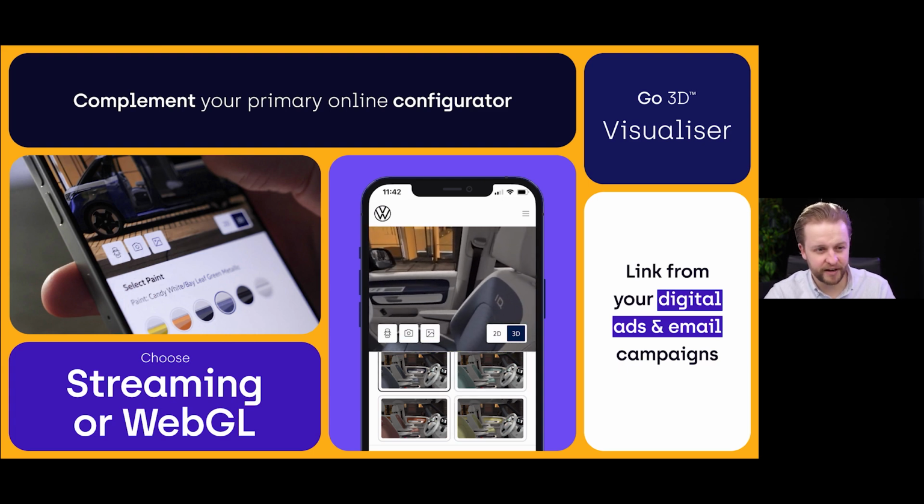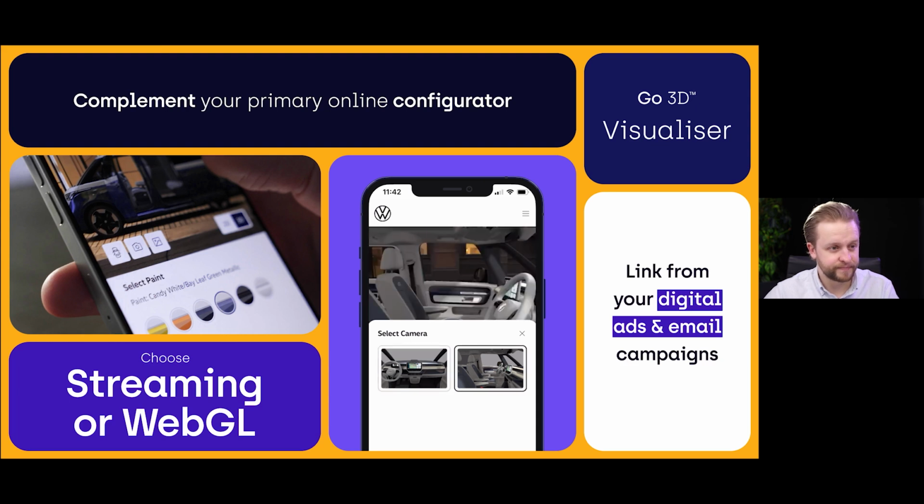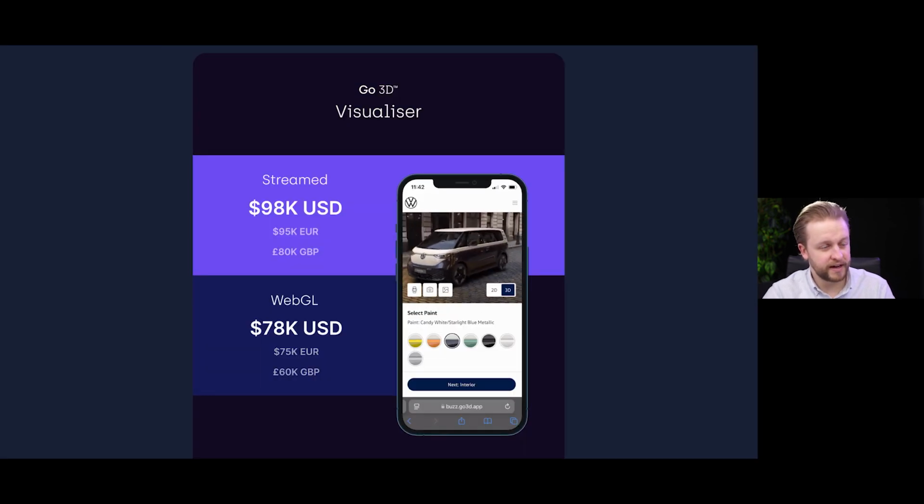And we've also made it available in WebGL. And here's what those fixed, all-inclusive costs look like for the Go 3D Visualizer. Now, these prices include absolutely everything you've seen on the previous slides. And all we need from you to get started is that 3D vehicle model data.